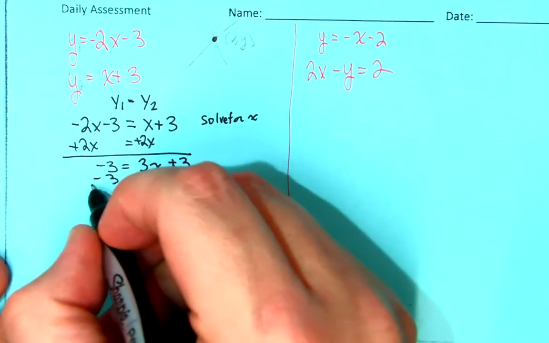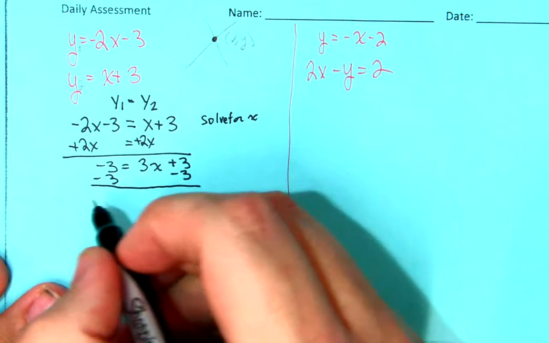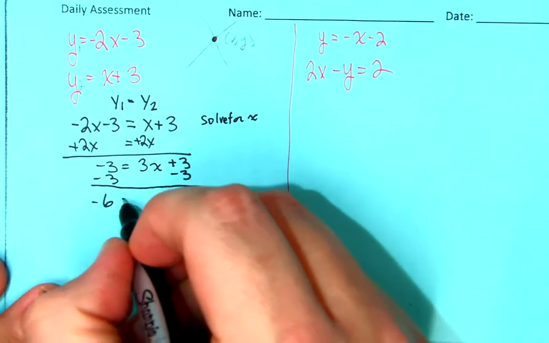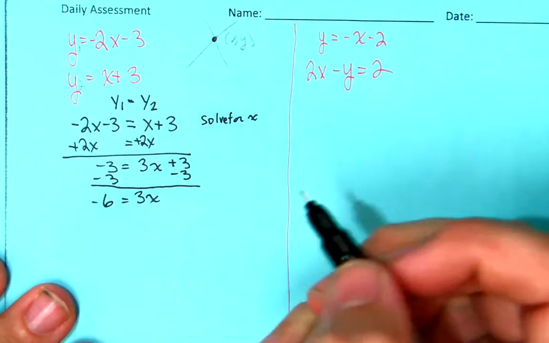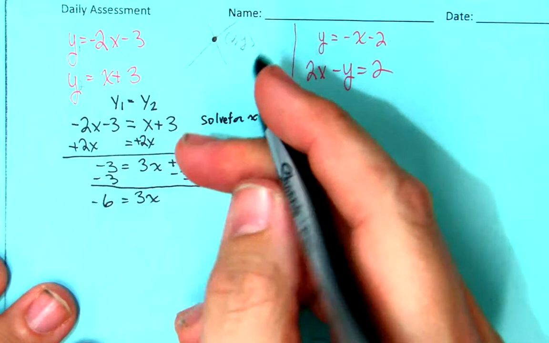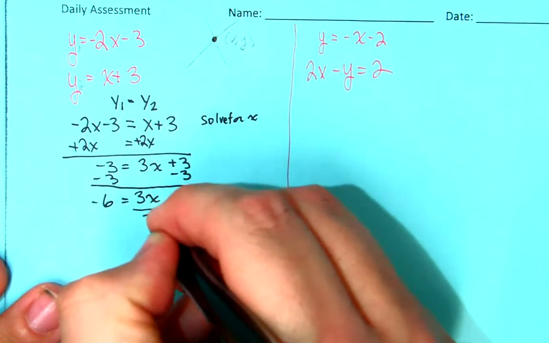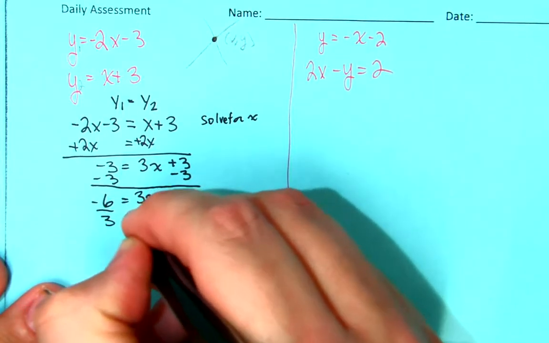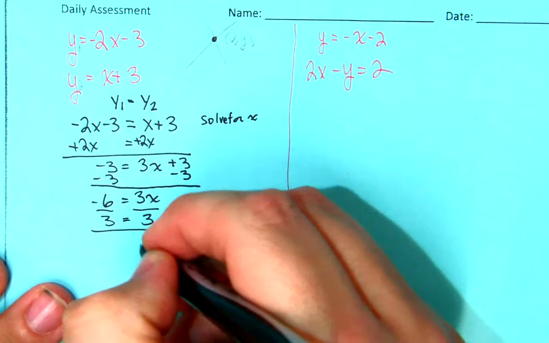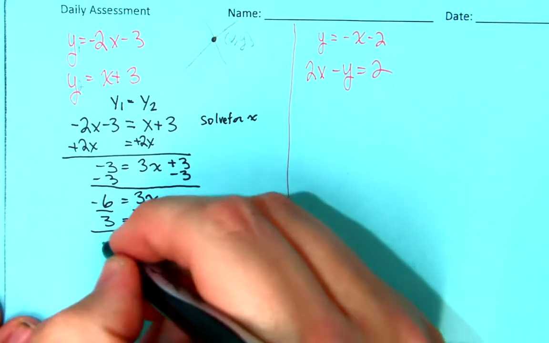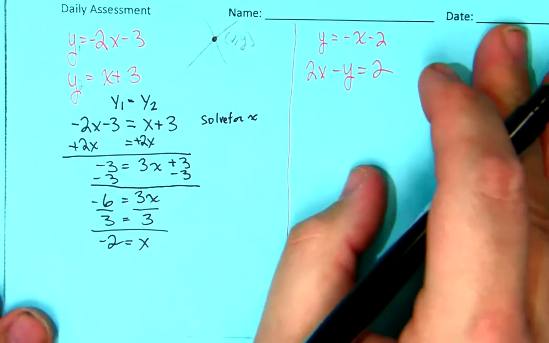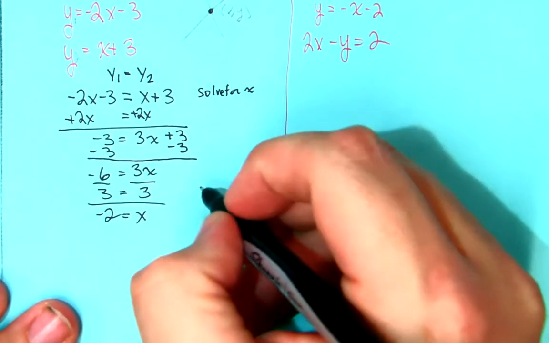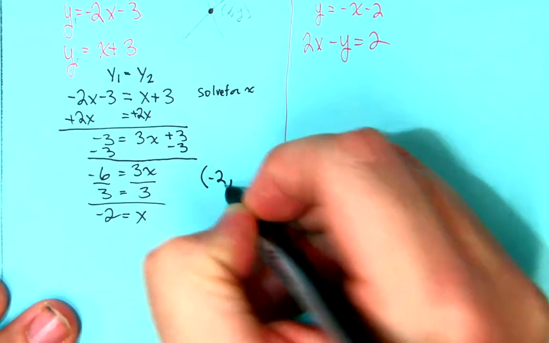Subtract a 3 here. Get negative 6 is equal to 3x, because all we were doing was adding in that case. Then divide by that 3. And x is equal to negative 2. So I got an x-coordinate of negative 2.